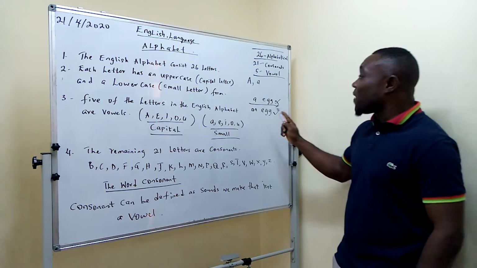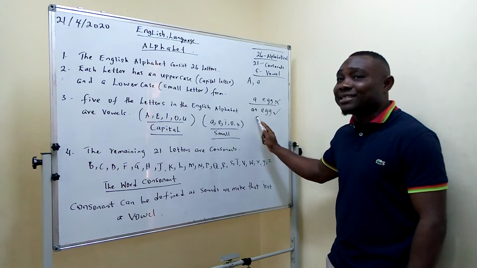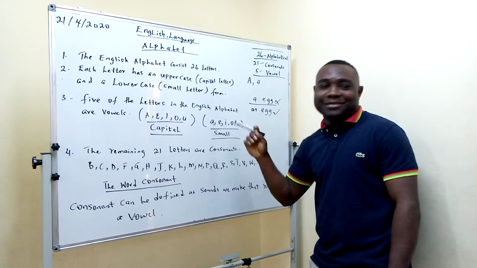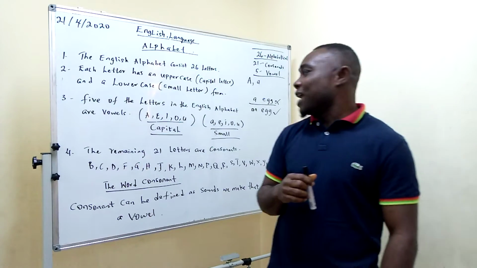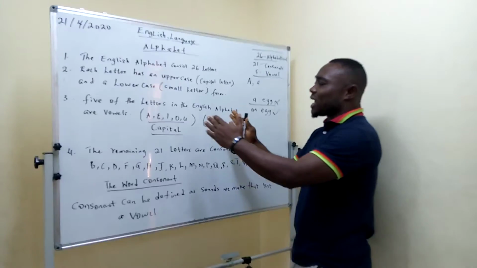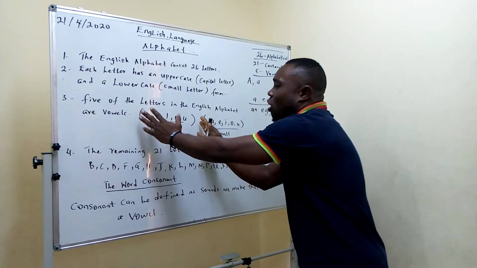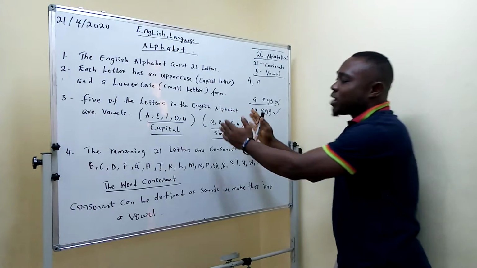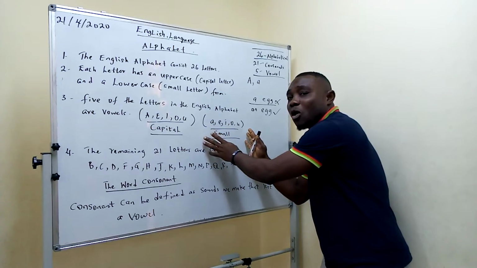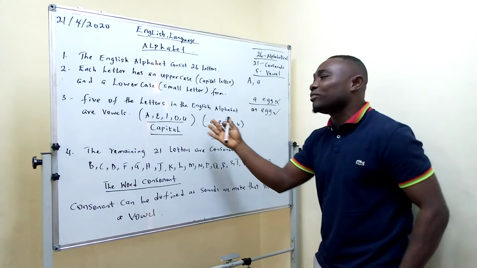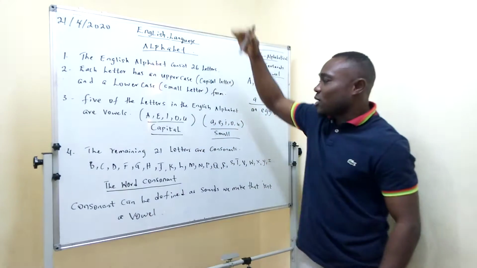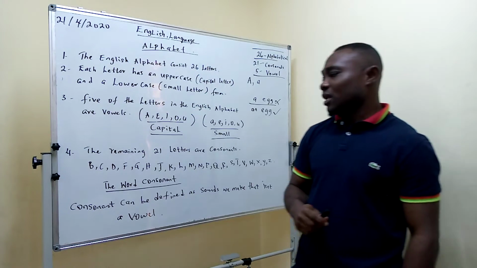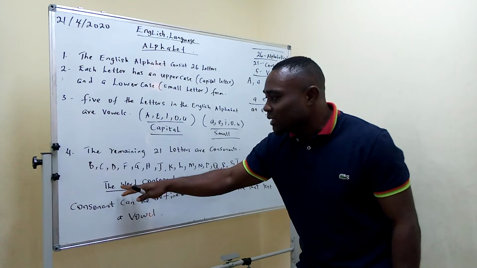Whenever you find a word like this and you're asked to make a sentence, don't say a, say an. Now if you look at the board, on this side we have the capital letters, the uppercase, while on this side we have the small letters, the lower case.